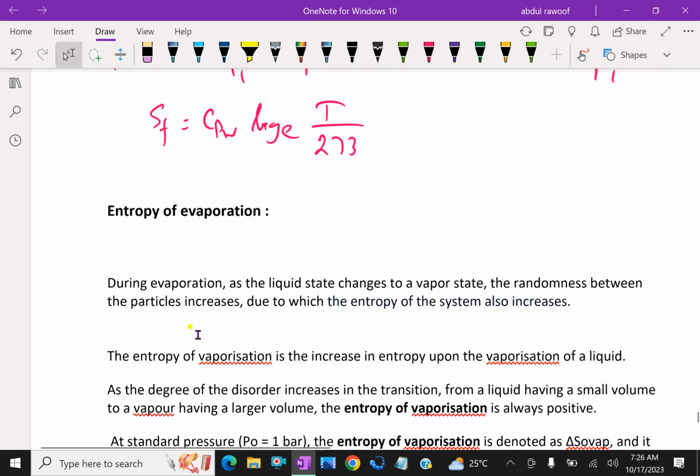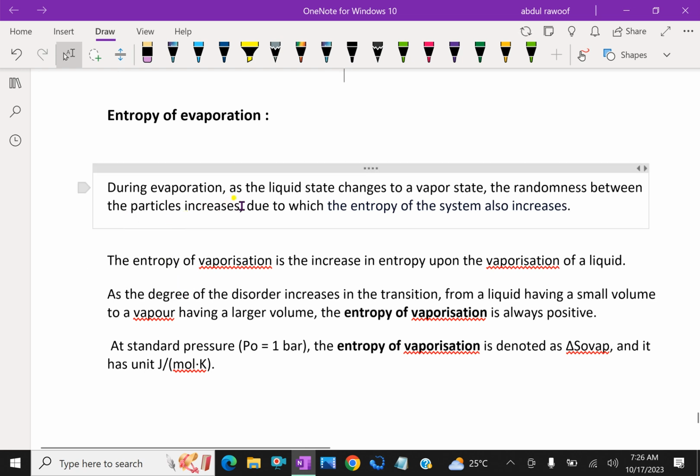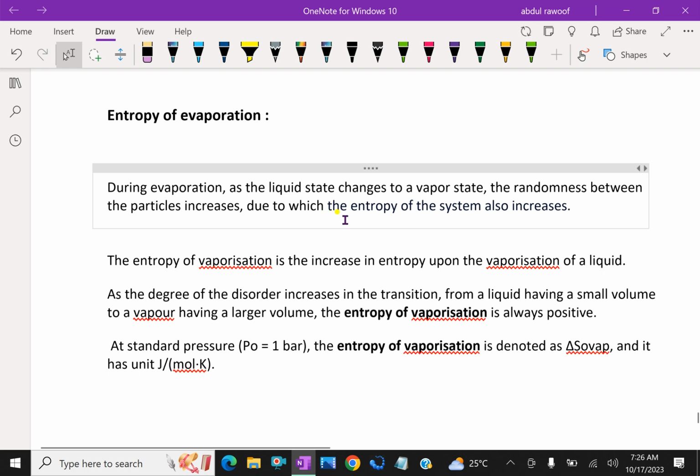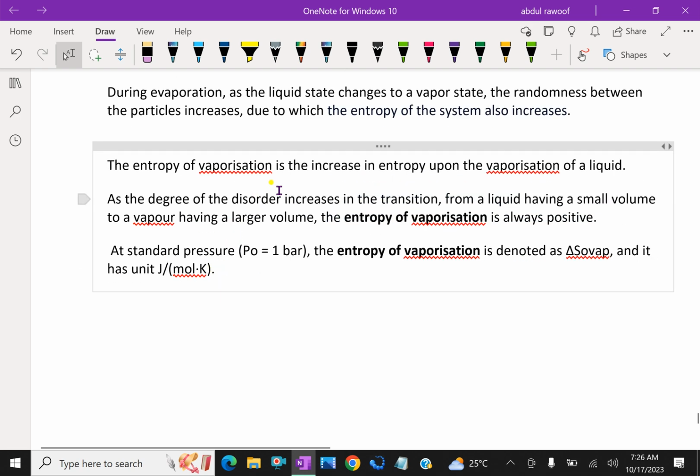Next, entropy of evaporation. During evaporation, as the liquid state changes to a vapor state, the randomness between the particles increases, due to which the entropy of the system also increases. The entropy of vaporization is the increase in entropy upon the vaporization of a liquid.